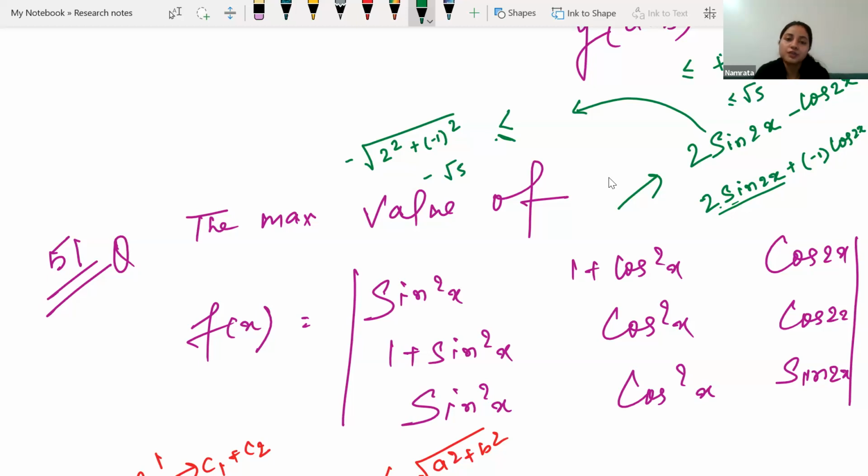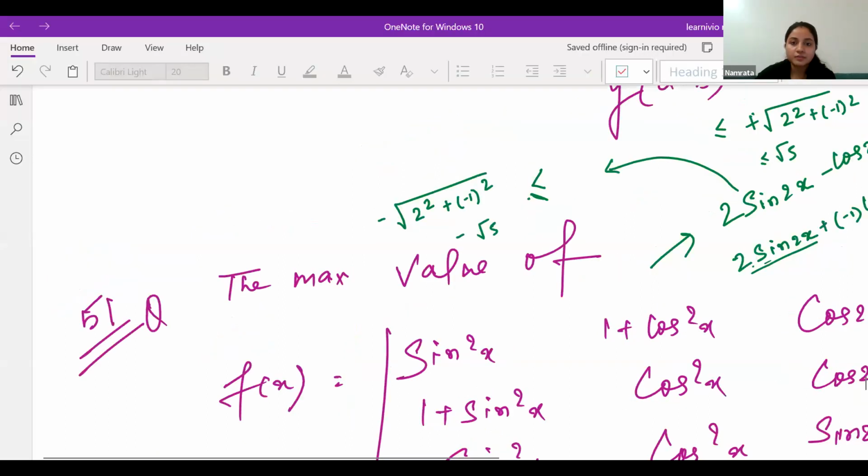It's positive root 5. Are you getting it? Yes or no? Is it not clear? Clear, ma'am. Okay, let's move ahead.